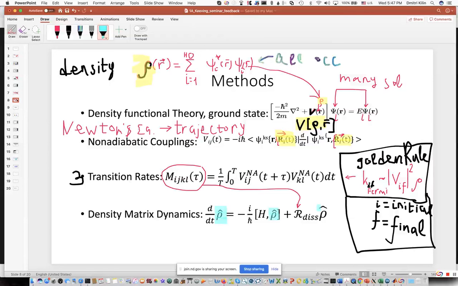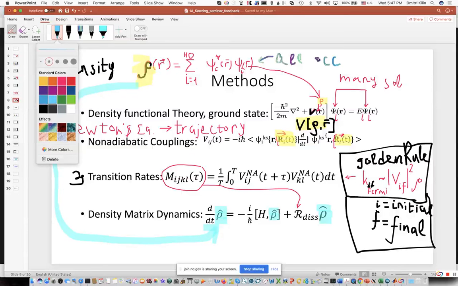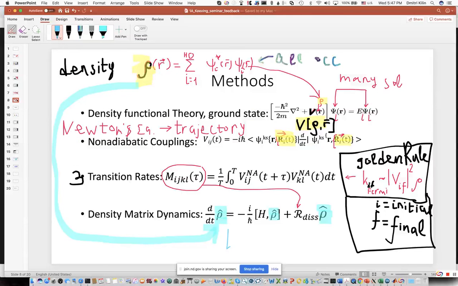So what's the main difference between this rho at the beginning, at the first line, and rho at the last line? This rho at the last line is an operator.